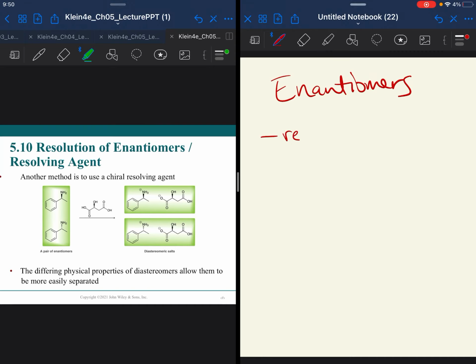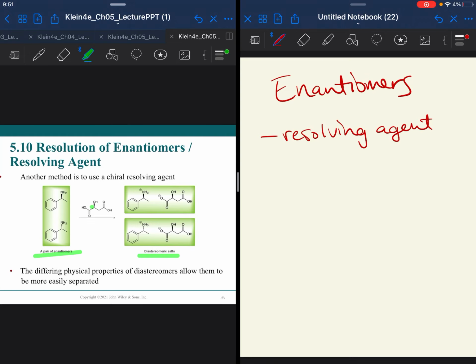Most of them are going to utilize a resolving agent where essentially you are reacting them with something to make them not enantiomers anymore. So for instance, here's a pair of enantiomers react with this other chiral molecule. I forget the name of it, but it creates these two diastereomers.